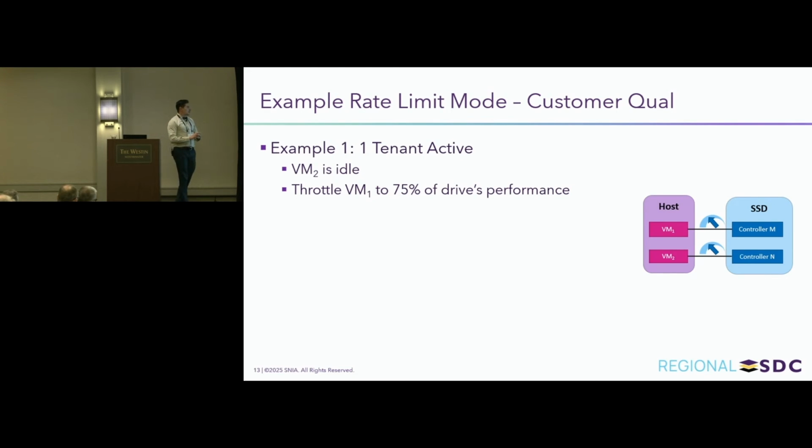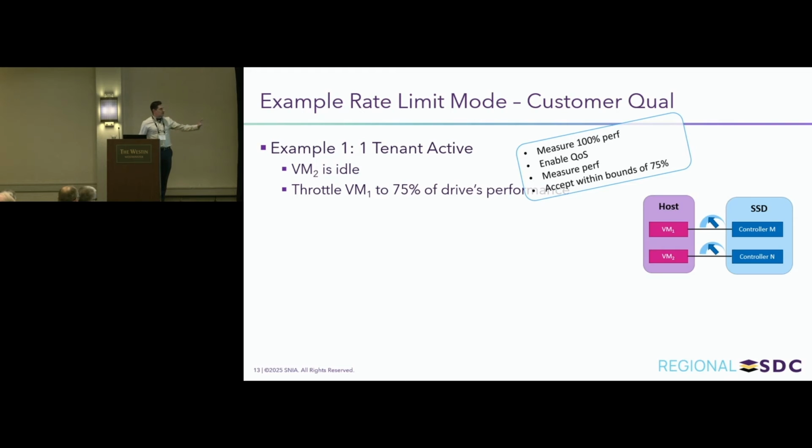So when we look at the earlier examples in a customer qual, we might take that idle VM2 and look at it for acceptability in a customer qual type situation, where we're measuring 100% of the drive performance. We enable the QoS settings, we measure, and we check that we're within the 75% that was the design target.